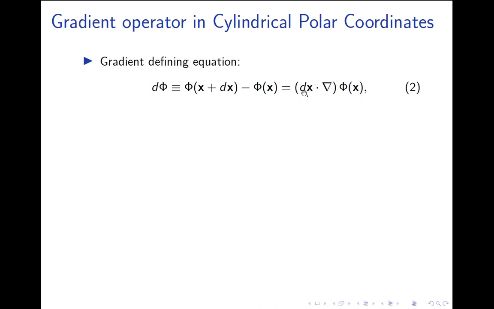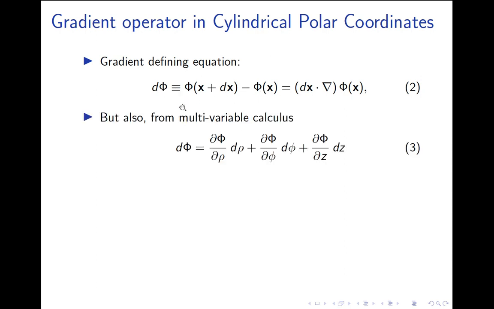Now we did this in a Cartesian way, but this equation is true regardless of whether I use Cartesian coordinates or not. Let's say I'm using cylindrical polar coordinates. I can compute this quantity, defined by this difference, not in Cartesian coordinates but in cylindrical polar coordinates, and I know from multivariable calculus that a small change is given by this partial derivative formula.